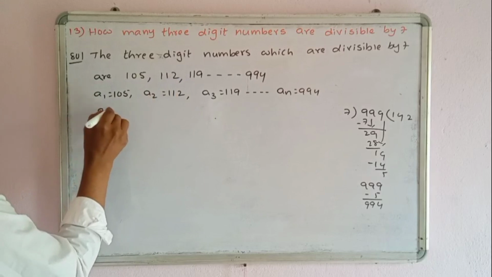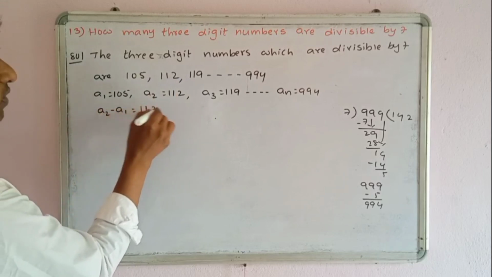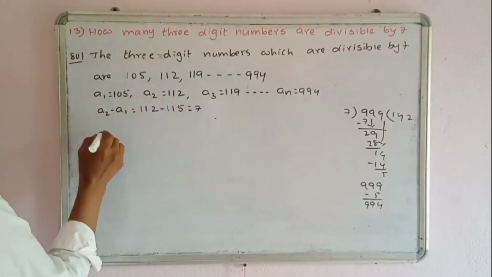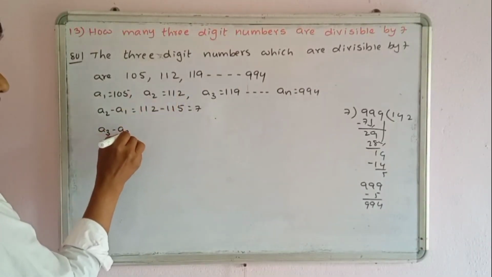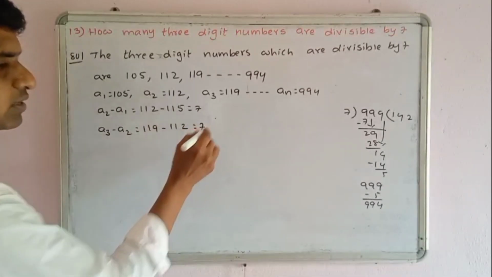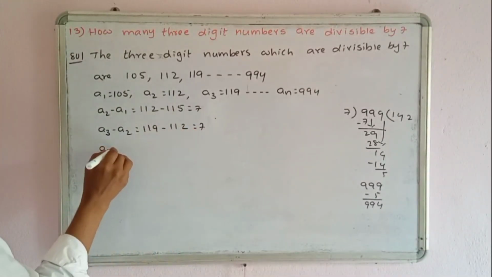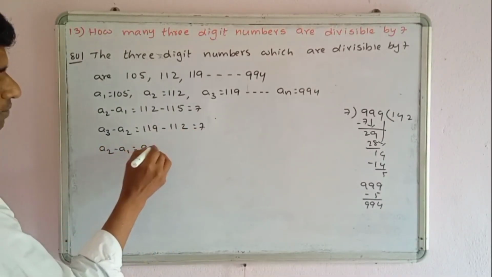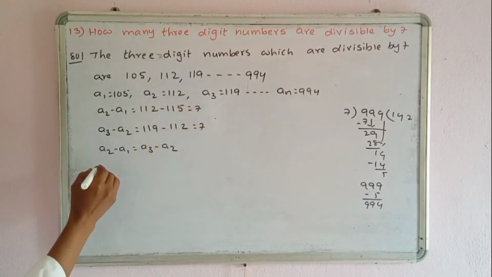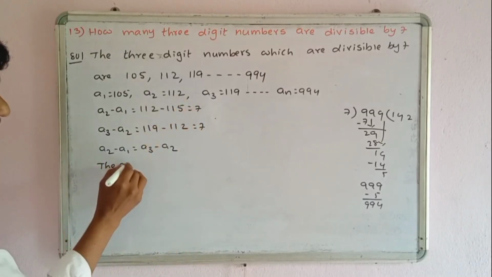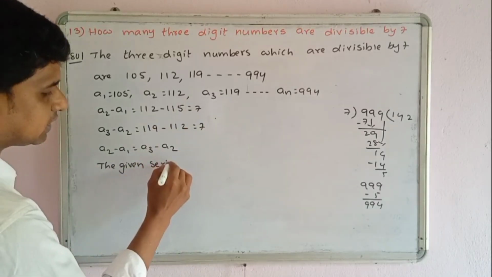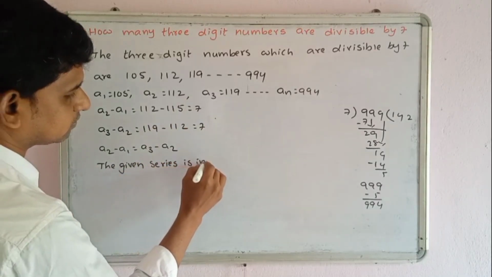A2 minus A1, 112 minus 105, that is 7. A3 minus A2, 119 minus 112, this is also 7. So A2 minus A1 equals A3 minus A2. So the difference is same, so the given series is in AP.